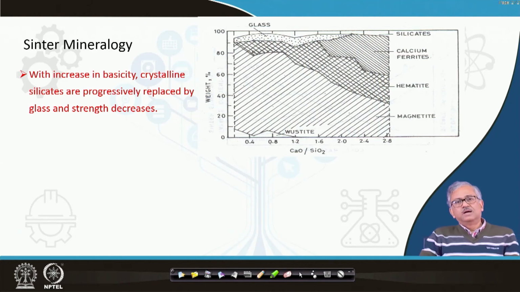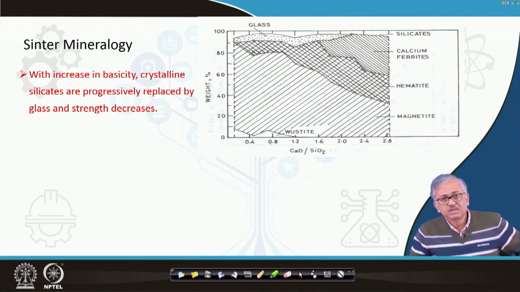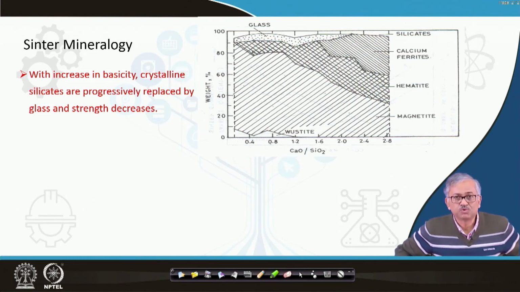So, we want to keep the majority of the sinter as hematite, not magnetite, because when you start reducing in the blast furnace, it generates a lot of cracks and defects in the structure that allow the gas movement into the sinter body, right. So, it is desired because hematite ore is more reducible.